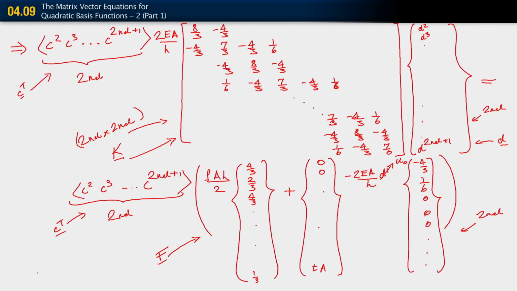Okay. The first thing I want to point out is that if you look at the entries in the stiffness matrix, you will see that they're really quite different from the entries that we had in the case of the stiffness matrix for the linear basis functions. Right? They're not just 2s and plus or minus 1. Right? They're a little more complicated. All right.